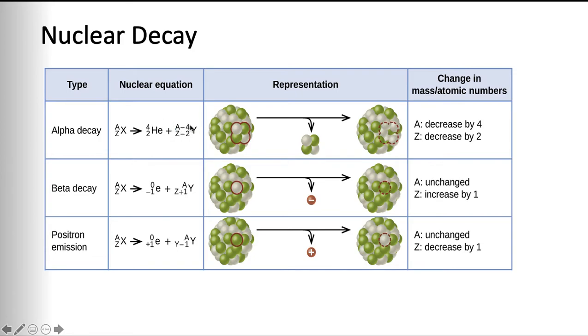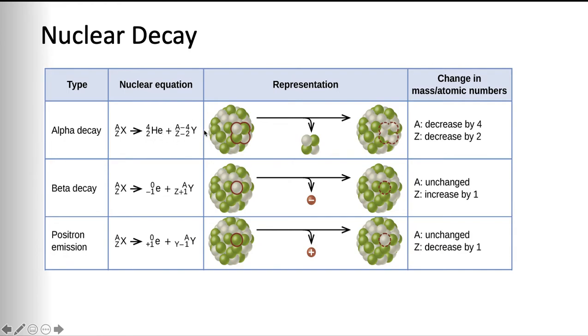So the mass number of the original element decreases by 4 to give me the mass number of the new element. And the Z number of the new element is equivalent to the original element's Z number minus 2, because that's the Z number for the alpha particle, or the helium atom.